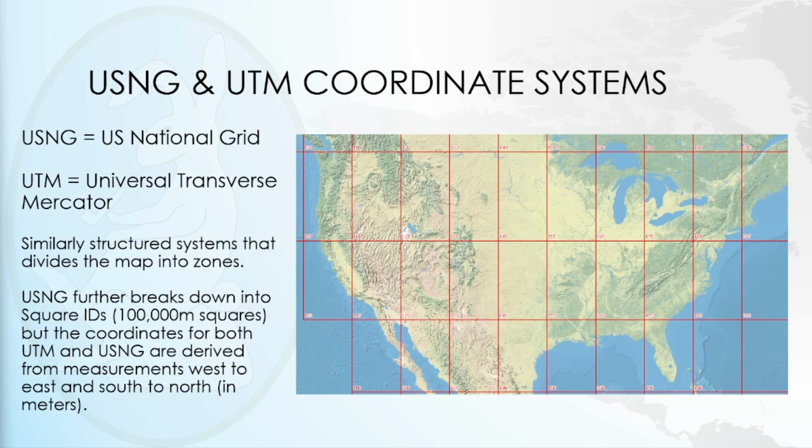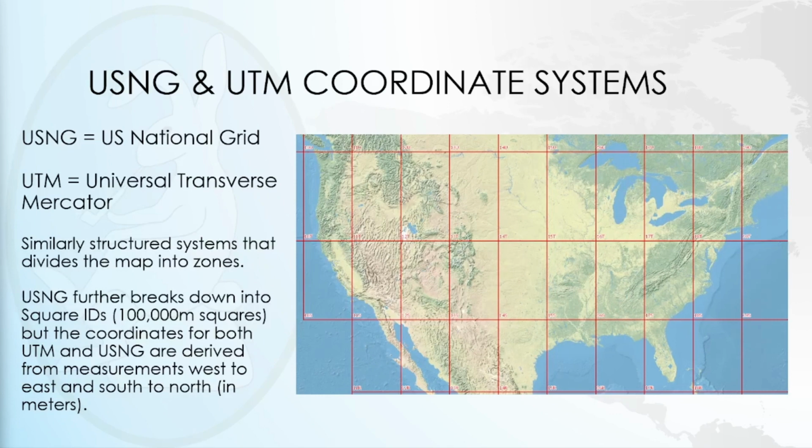They grid out the world into zones, and what both of them will do, but US National Grid does it a little bit differently. US National Grid is going to break it down into square IDs. These are 100,000 meter squares, what you see here.